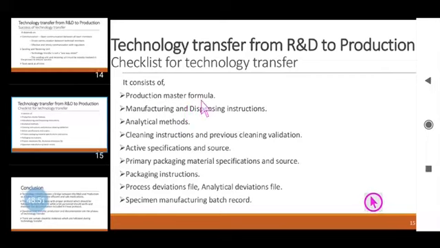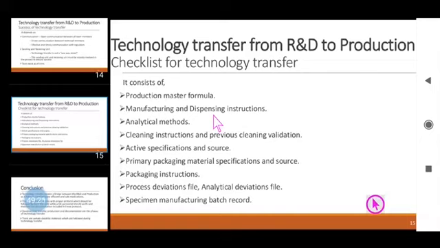Production master formula, this is a very important one, because after the transfer of the technology, the direct large scale manufacturing is going to be started, and therefore it requires the production master formula, which includes the formula or the order of the ingredients mixing, and moreover the instructions to manufacture.